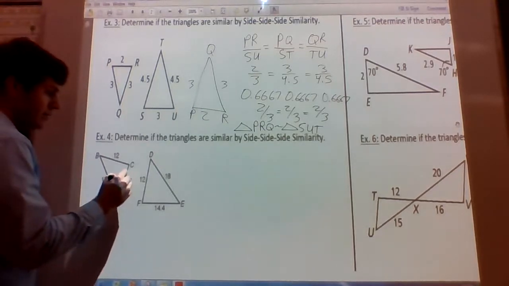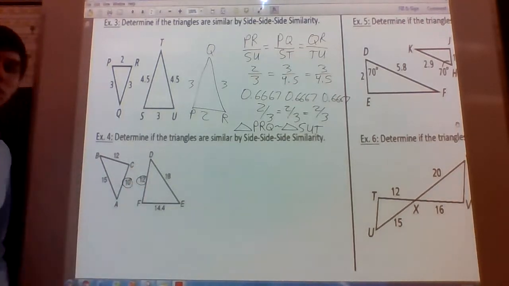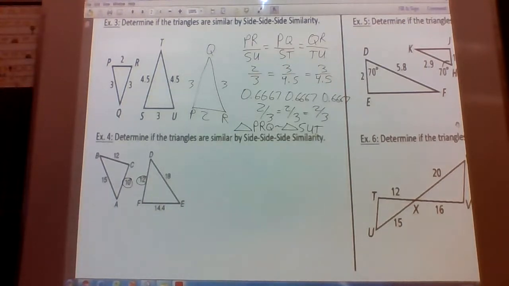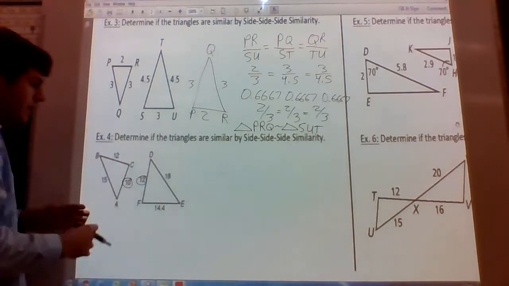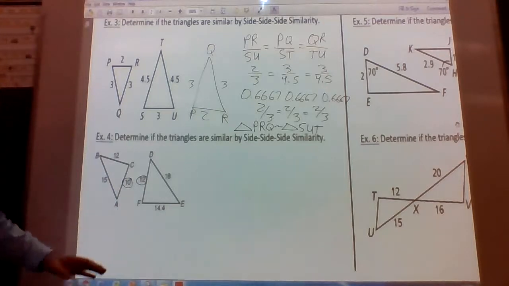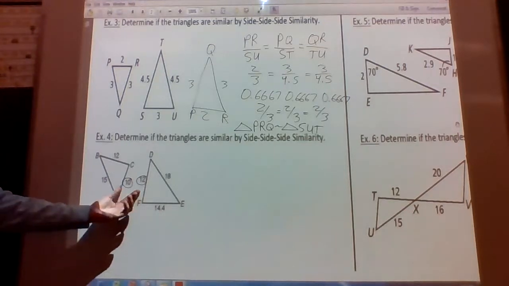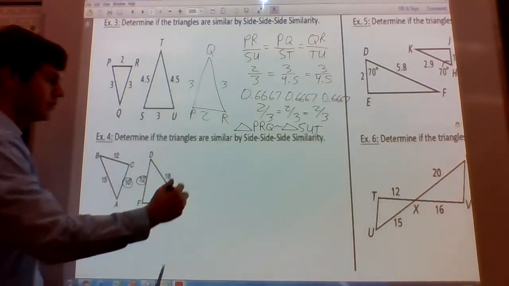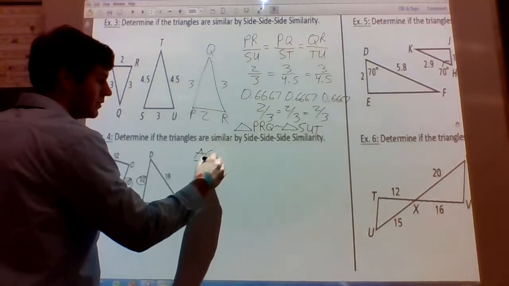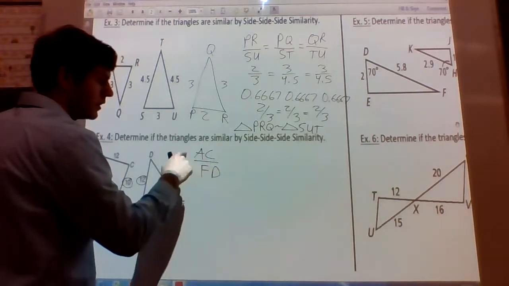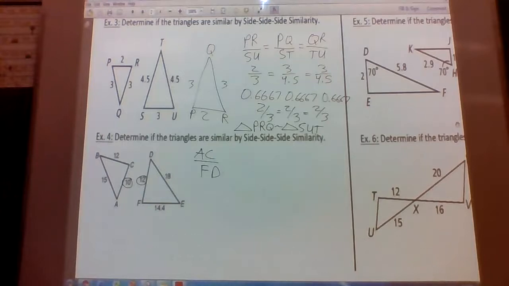We could twist and rotate it, but it's hard to visualize. So let's look for the two smallest numbers, which are AC and FD. So we know AC and FD are corresponding sides.